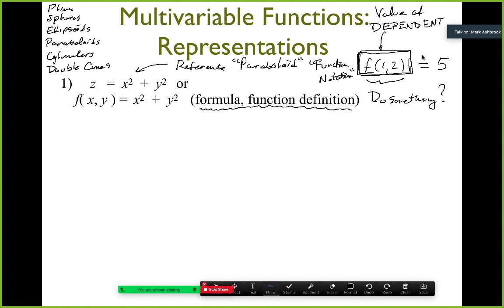There's no requirement to plug it in. If you need the value, of course you can plug in the 1 and 2 and get it, but it stands alone as its own meaningful thing: the value of the dependent variable of f when x is 1 and y is 2. So it is not a requirement to do something.